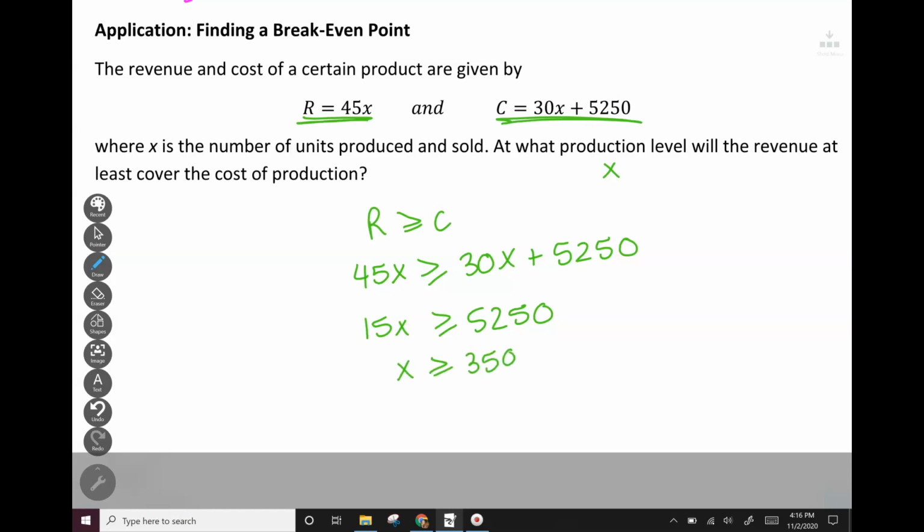Got 350. So they need to make at least 350 items and sell them in order to cover the cost in the first place. So if you're not going to sell 350, you may as well just not do it. All right, unless you want to lose money. Okay, so x needs to be greater than or equal to 350.